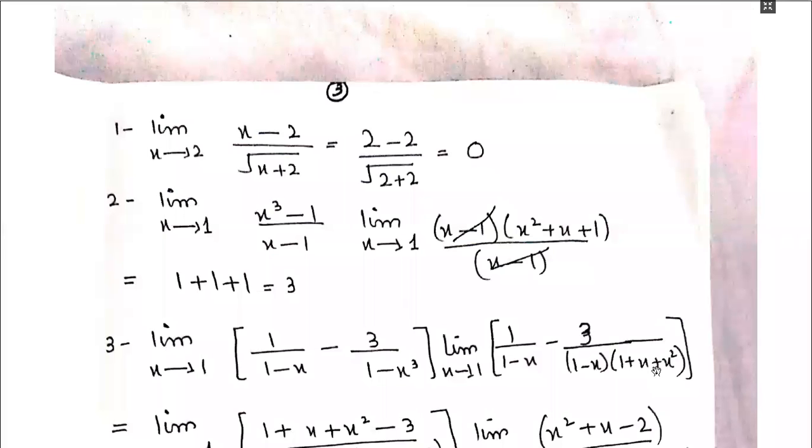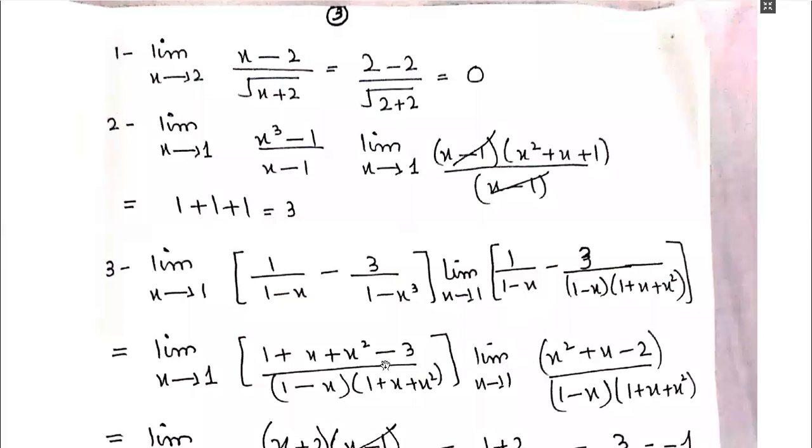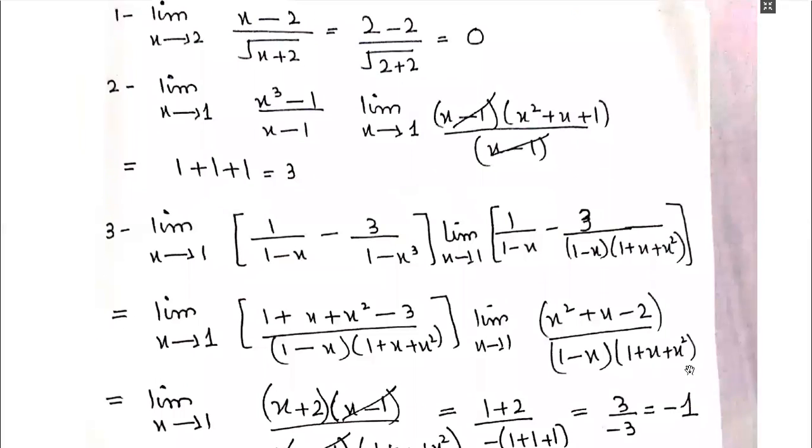What is the LCM of these factors? (1 minus x) and (1 plus x plus x square). Take the LCM and 1 minus x cancels, we get 1, and here 1 plus x plus x square minus 3. Here 1 and minus 3, we get minus 2, so x square plus x minus 2 upon this.